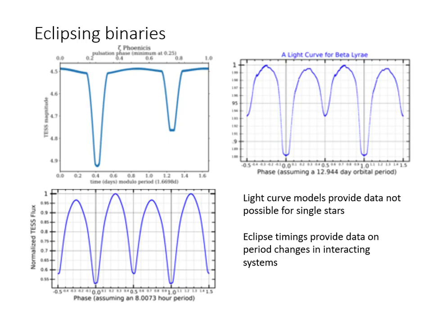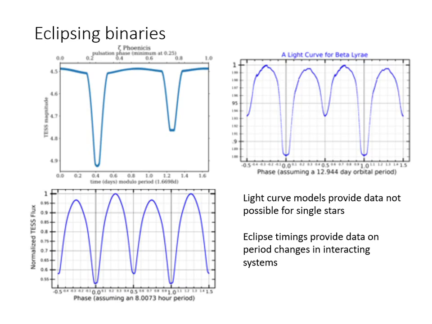These systems are essentially in contact. They may be semi-detached, or in the case of Algol binaries, they may be completely detached. Beta Lyrae stars can be semi-detached or detached.